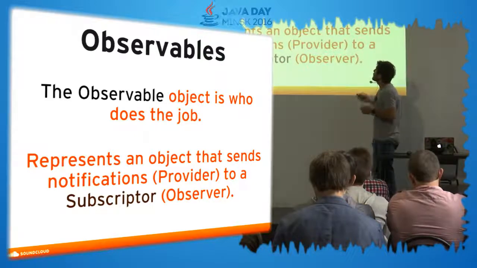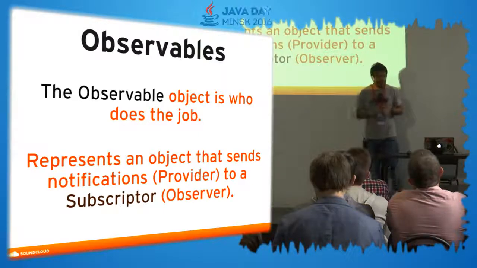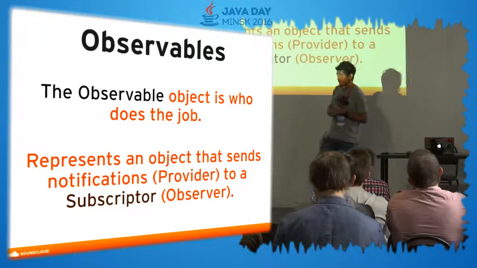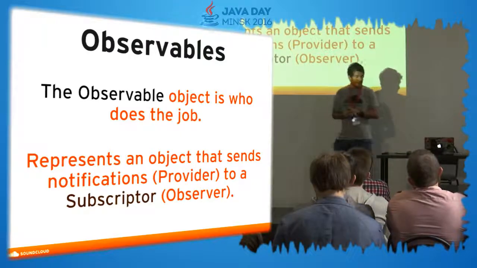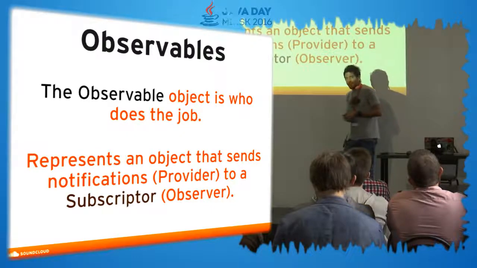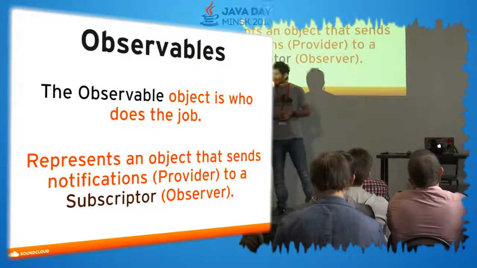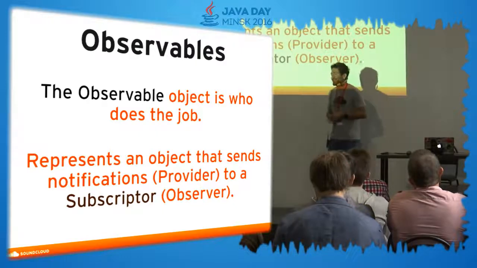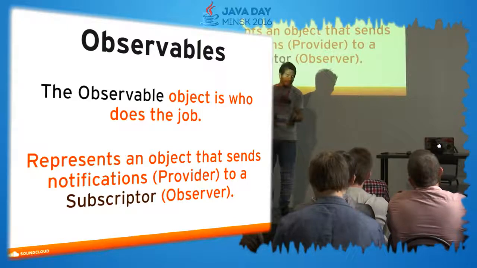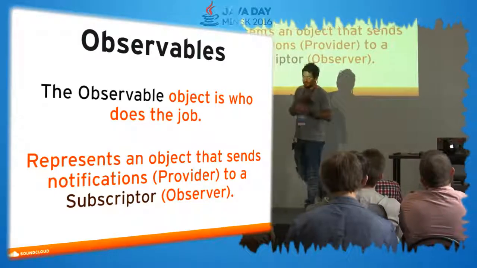To give you a tiny concept of what an observable is, it represents an object that sends notifications to a subscriber or observer, whatever it is. Another quick question, are you familiar with the concept of monads? Do you know what a monad is? Yeah, you do? Do you know how to explain what a monad is? Usually there are tons of articles where people put in a lot of effort trying to explain it.